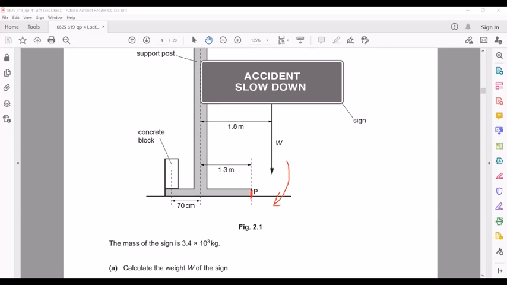What is the distance here? We always take the perpendicular distance from the pivot. So if I extend this line of the weight, what is the perpendicular distance? This part is the perpendicular distance. So that is 1.8 minus 1.3, which equals 0.5. And the weight we already calculated, which is 3.4 into 10 to the power 4. So weight multiplied by distance, or force multiplied by distance, we get this clockwise moment.